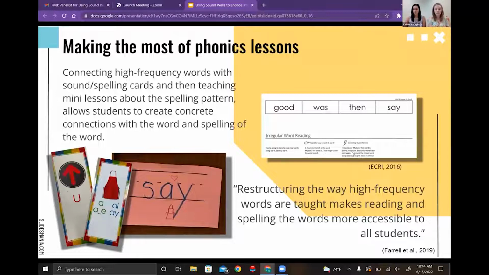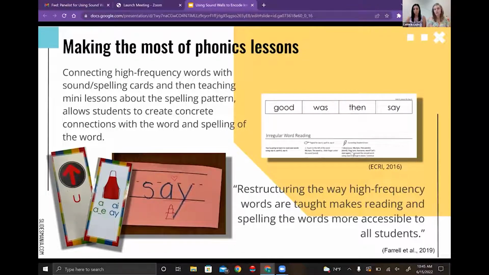So for example, for the word say, the heart part of our word is the AY part in the word. In kindergarten, we haven't yet learned that part, that AY, the spelling AY says A. So in order to build that connection for students, we use our sound spelling cards with those pictures to build those connections.